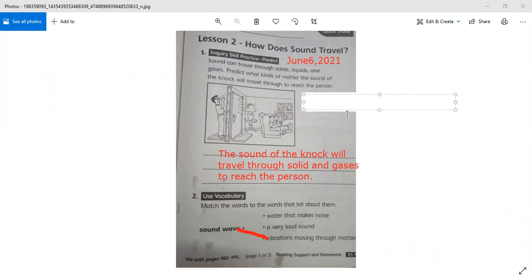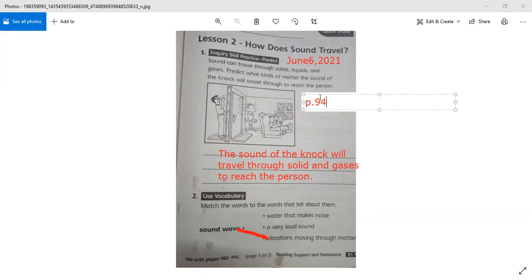Page 94 and the science workbook. Lily and Mazen, I sent you an email on SMS to inform you about the time of your quiz. It will be tomorrow.